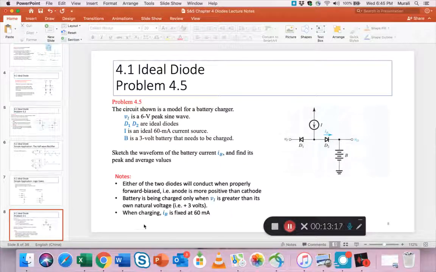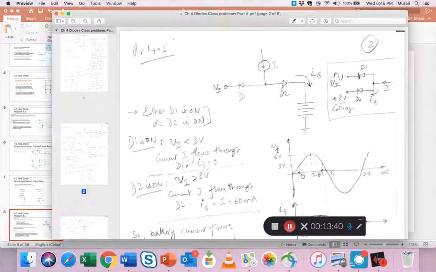Lastly, when charging, IB is fixed at 60 milliamps. So once the condition is right for charging, that 60 milliamps just goes in non-stop. This is a simple model of a battery charger, but these 3 notes should help you understand the model a little better. Okay, so I will go to my PDF, and now I'm on the top of page 2.